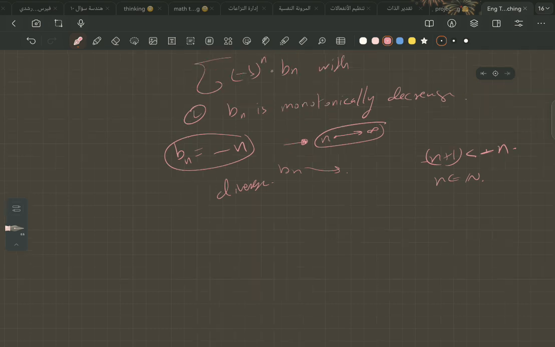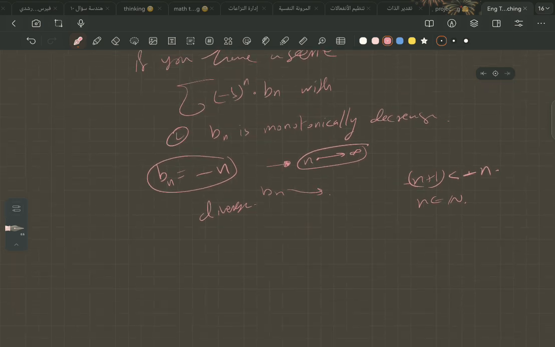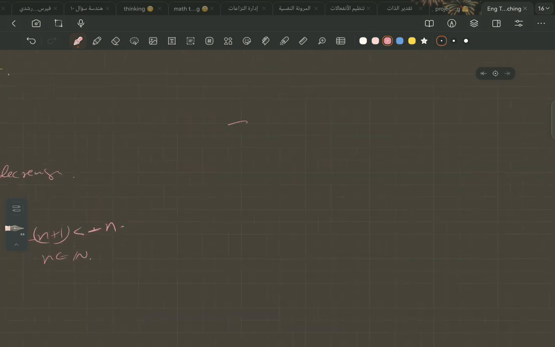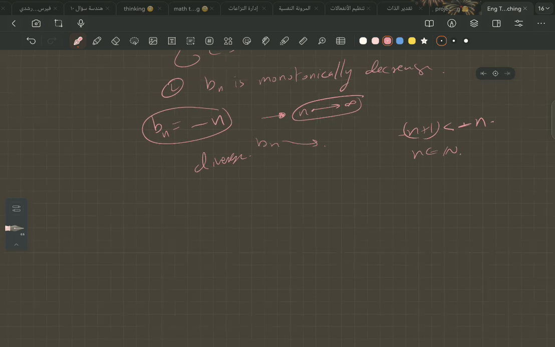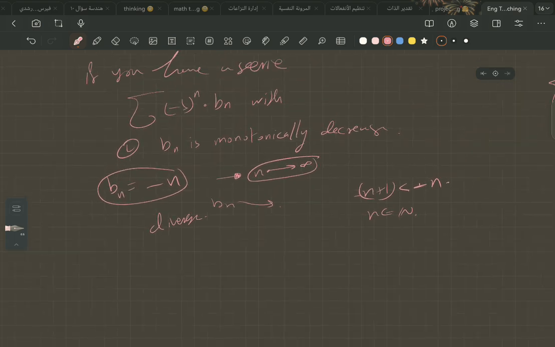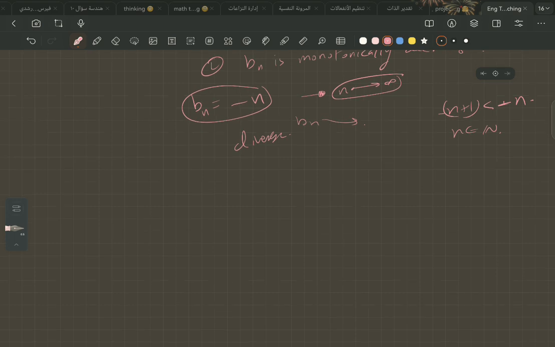If this is just the case, then we will have a problem, because there is a theorem that says that if the sum of x sub n converges, then the limit of x sub n will be 0. So we have to add another condition.